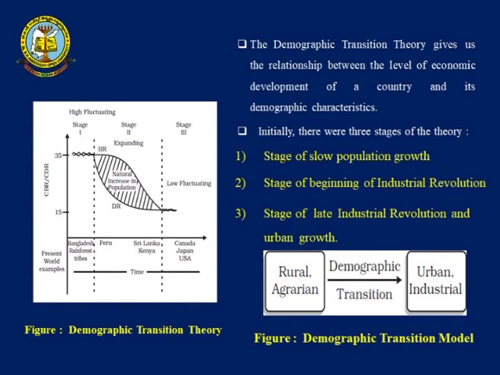And the third stage was the stage of late industrial revolution and urban growth. In this theory, you can see how a rural agrarian economy transformed into an urban industrial one, and this theory widely explains this transition. Now let us discuss the assumptions of the theory.